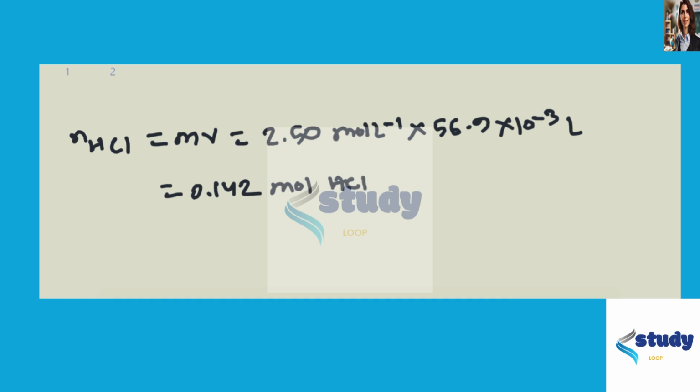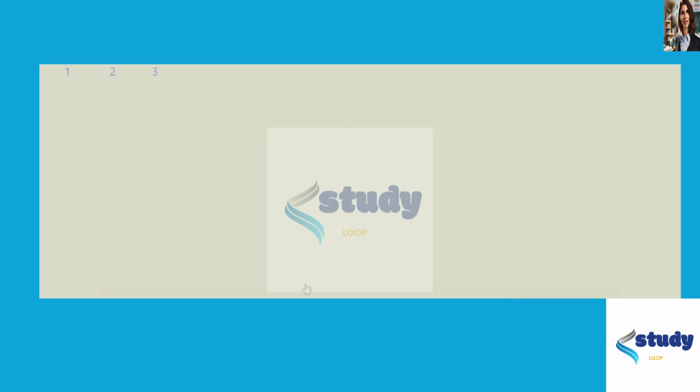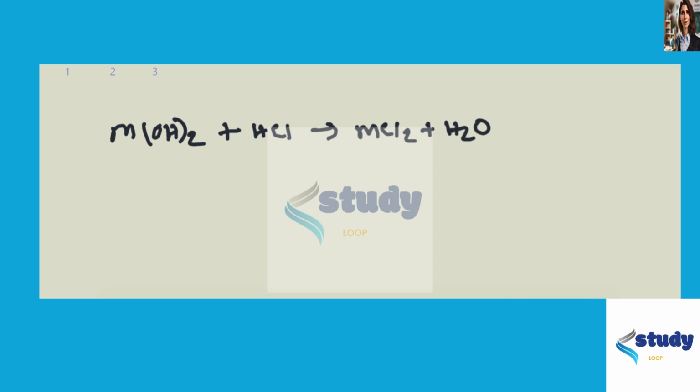Now, as we have said that the formula of the metal hydroxide will be MOH2, since it's a group 2 metal hydroxide, we can write down a balanced equation for this. So MOH2 will react with HCl to give us MCl2 plus H2O. So to balance this equation, first we'll balance our metal. We have one metal on each side.